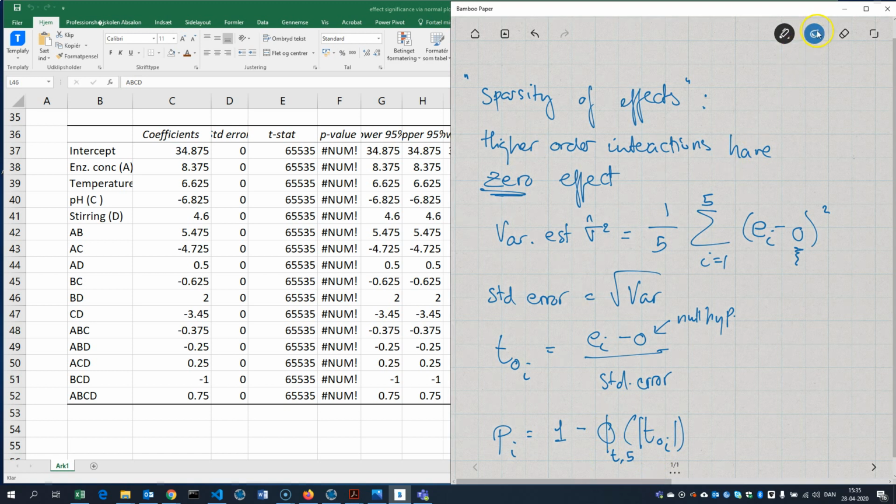So we're going to do that in Excel just to make sure we understand. First of all, we find the variance estimate. We use that to compute the standard error here, and we use the standard error to compute the test statistic. That's this column here. And then we use the test statistic to compute the p-values. That's this column here. So let's do it in Excel.